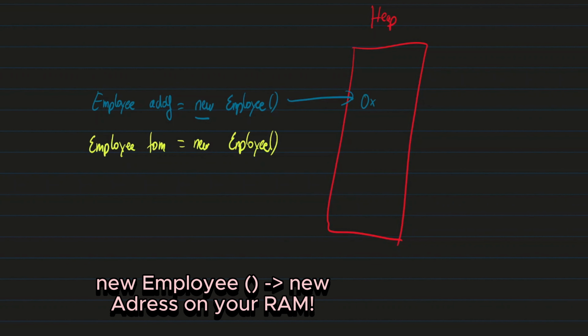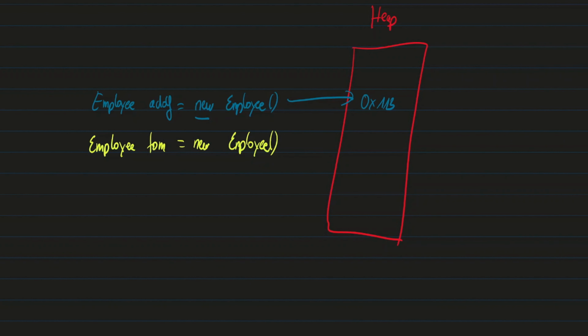And this address is, for example, 0x113. It's just an example, so please don't mind. And we do the same for Tom. And also for Tom, we use the new keyword. And because we use the new keyword, we are telling Java, hey, create this object also at a different certain address on the heap. And here we choose 0x114.